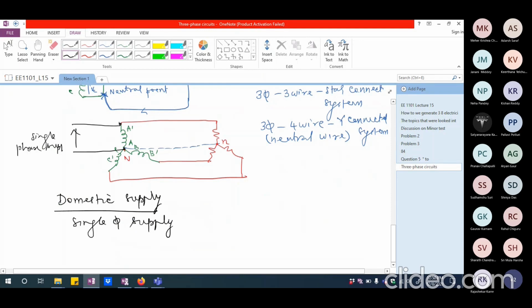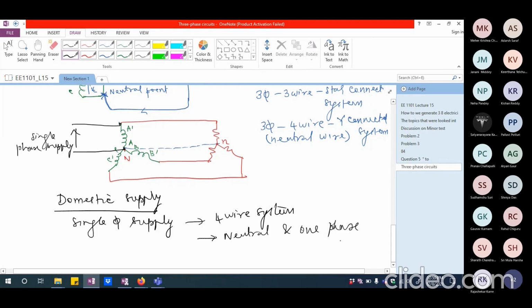Whenever we look at a substation which is close to domestic locations, we will have a four-wire system closer to our domestic location, and in a four-wire system, invariably the domestic supply will be between the neutral and one phase.